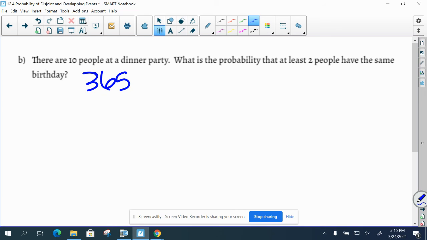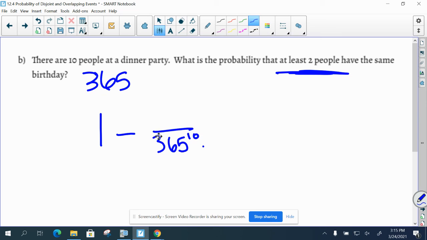So if you have 365, kind of like you had 500 fortune messages to choose from, here you have 365 days to choose from. So this is going to be a really similar example because it says at least 2. So to find at least 2, we're going to do 1 minus the complement. So 1 minus the permutation of 10 from 365 divided by 365 to the 10th power.